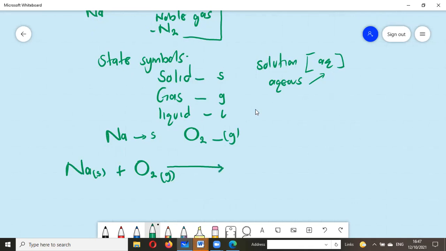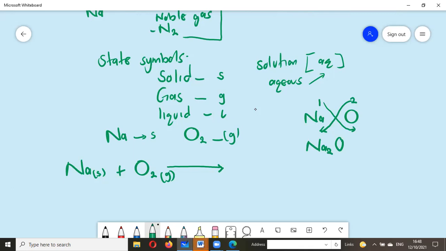But remember, I have sodium with valence 1, oxygen with valence 2, and we are using the oxygen atom only. So it will exchange the valences, giving sodium 2. But our oxygen is in excess.